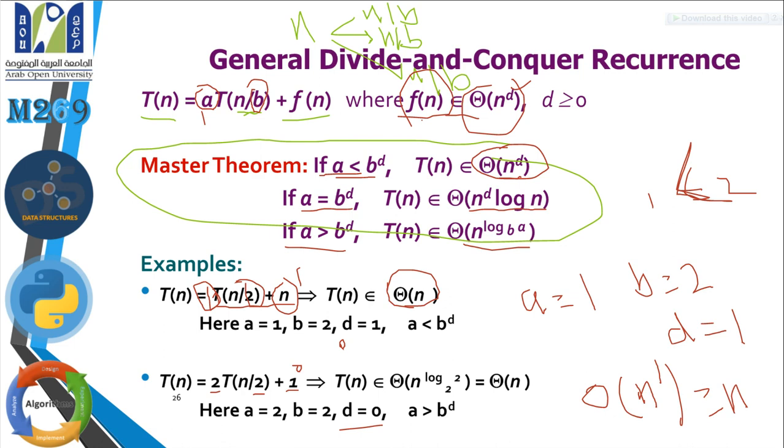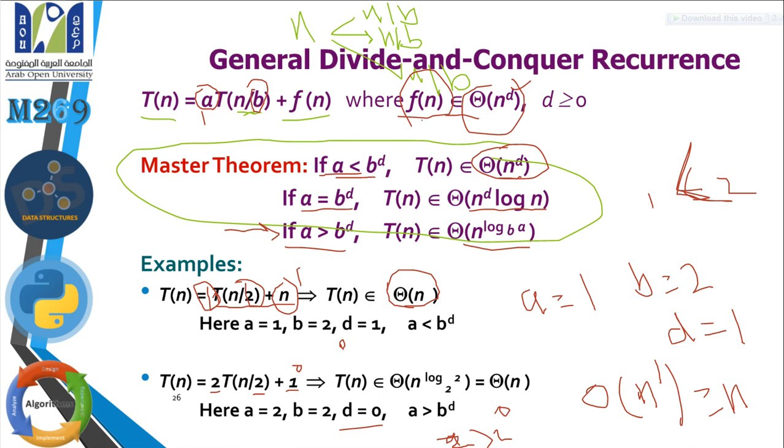So d is 0. Now, if you do the calculation, you will find that this condition is true, because a is bigger than b to the power d. a is 2, b to the power 0 is 1. So 2 is bigger than 1.